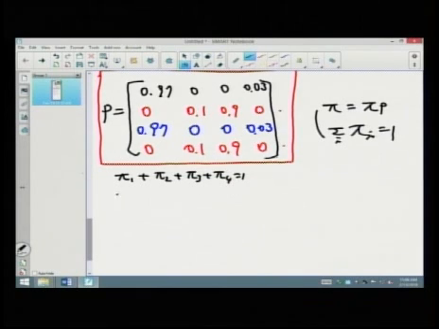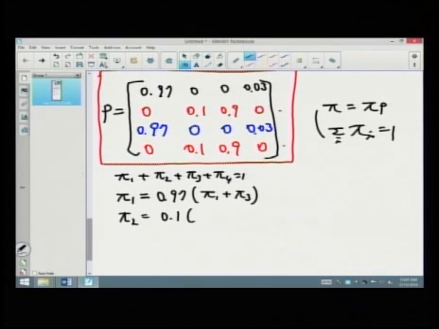And then pi 1 equals pi times the first column of this P matrix. So this is going to be 0.97 times pi 1 plus pi 3, right? And then pi 2 is pi times the second column of the P matrix.